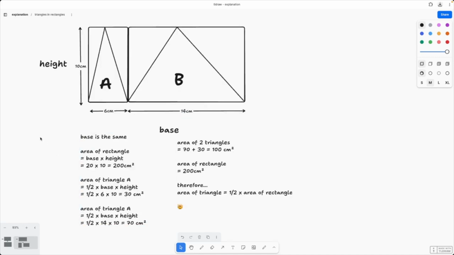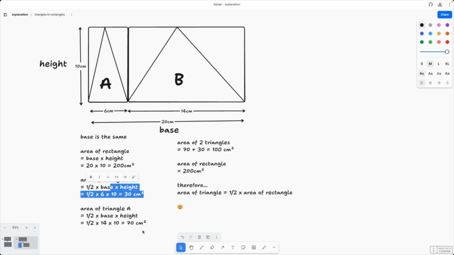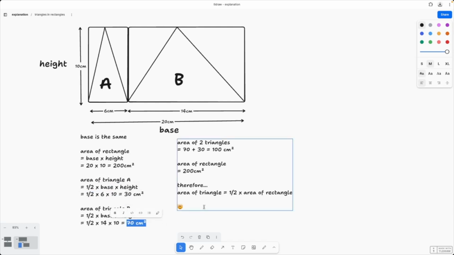I have another example where I have triangle A and triangle B in this same rectangle. In this case, the whole base over here is 20 centimeters. But since the bases are different, triangle A is 30 centimeters squared and triangle B is 70 centimeters squared.